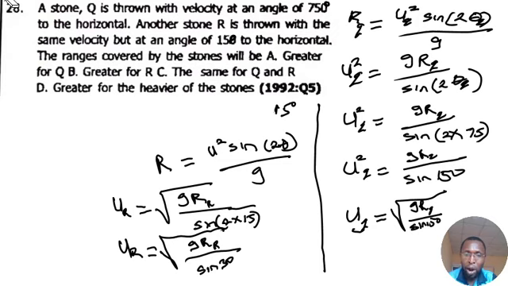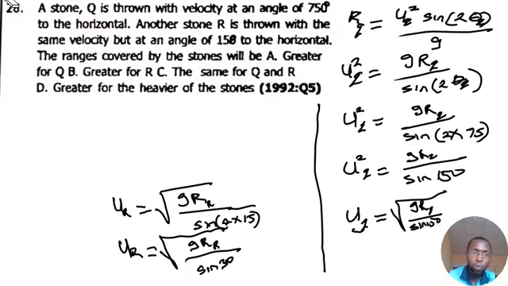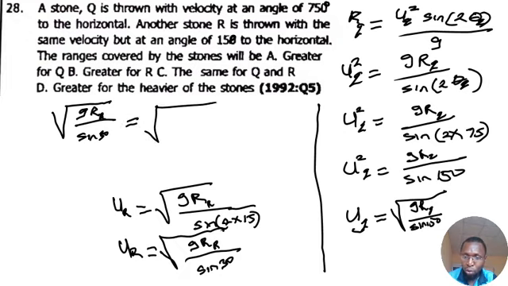U R and U Q. Okay, so when we do that, our U R is this, so that means square root of G R R over sine 30 is equal to square root of U Q, which is the square root of G R Q over sine 150.